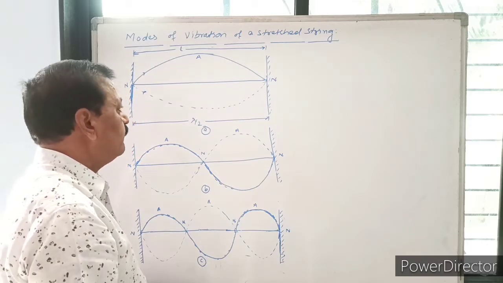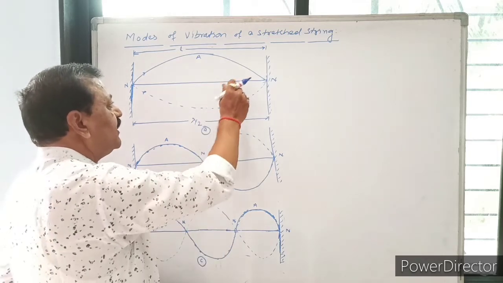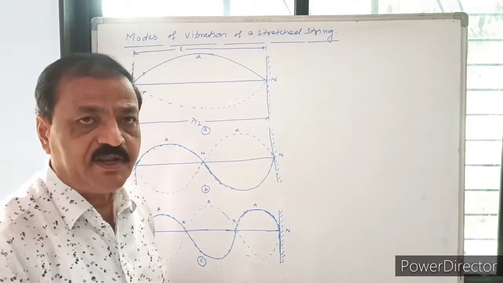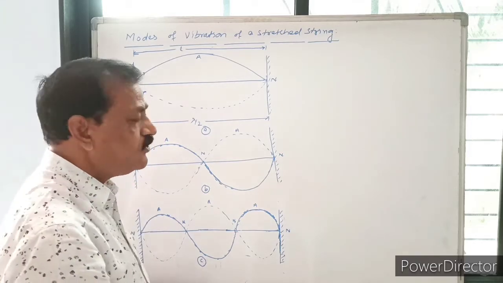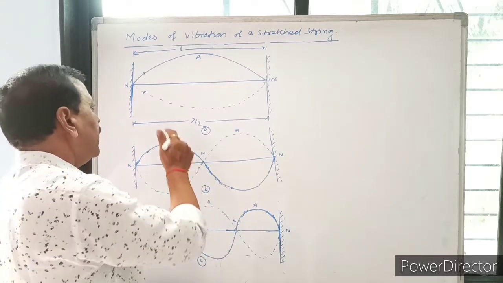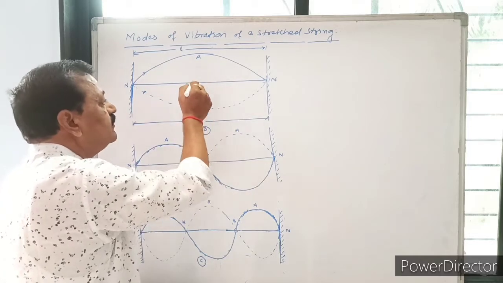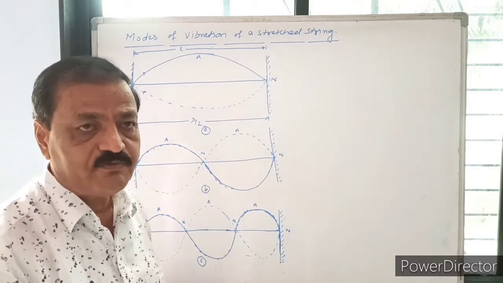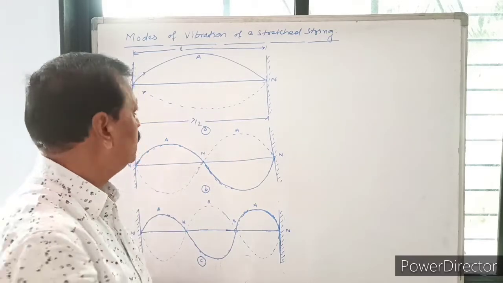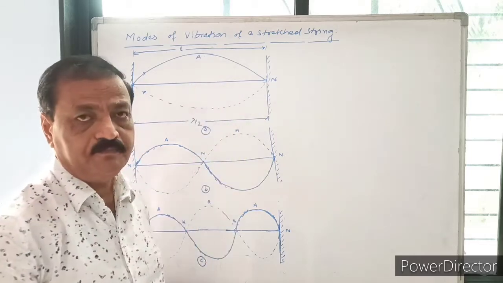And such a wave is reflected at the rigid ends or rigid points, and incident waves and reflected waves interfere with each other and obtain transverse stationary waves.